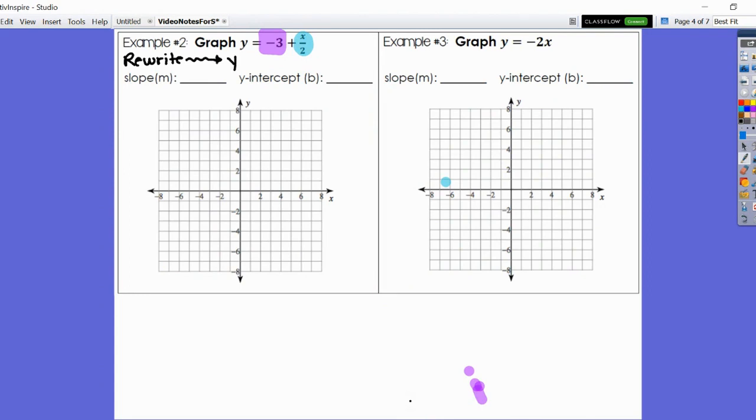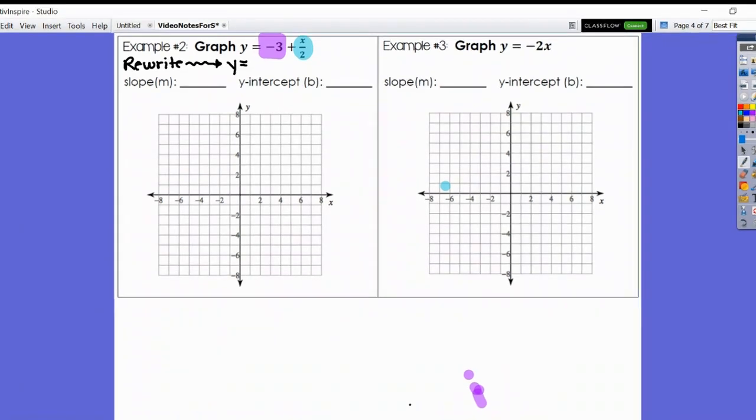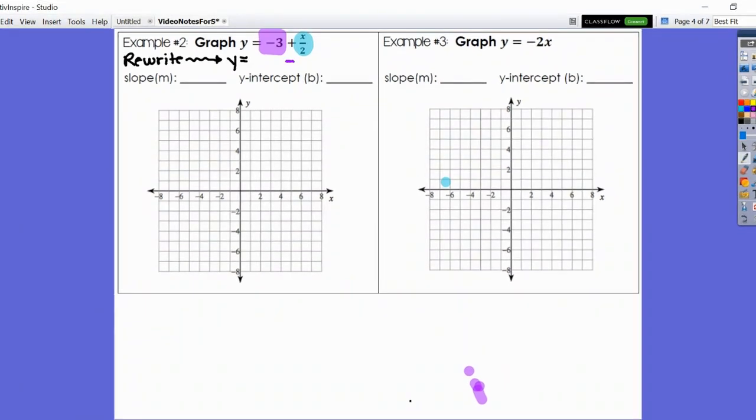I can put y equals still, but I can move the x term in front and have the -3 subtracted after as my b. That way it comes out more clearly that my b is -3, and my x that is multiplied with the division of 2 goes with my slope here.